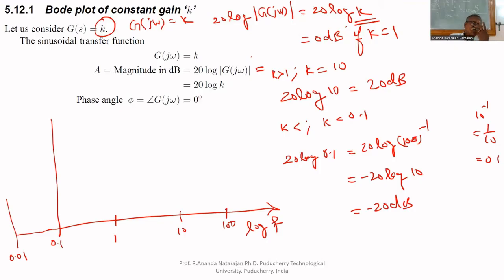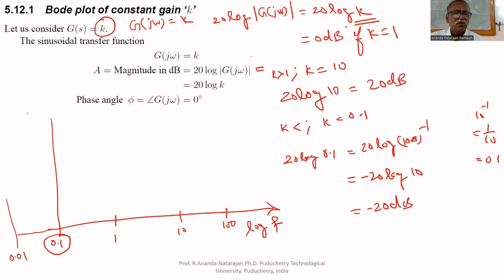That's why there is no x-axis value 0. So 0.01, 0.001, like that it will go. Usually we start with 0.1; in special cases, we start with 0.01 or 0.001. Usually we start with 0.1, 1, 10, 100, like that.